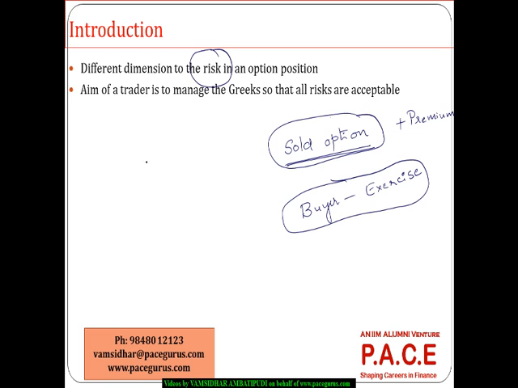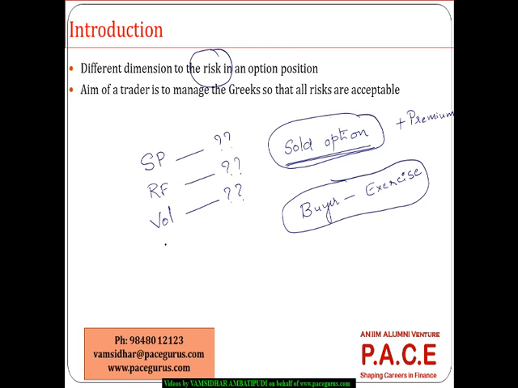So the computation of the Greeks is always to target the different dimensions of the risk. Right? If the stock price changes, how do I address? If the risk-free rate changes, how do I address? If the volatility of the underlying asset changes, how do I address? Right?